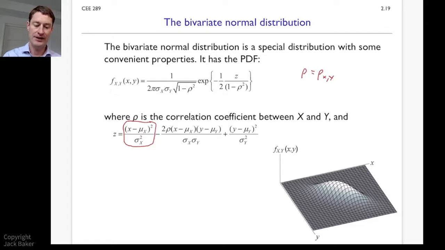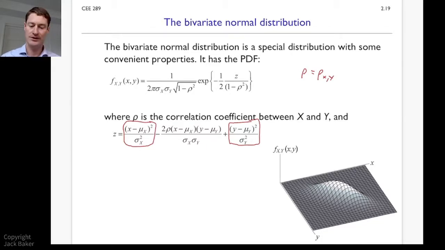Now because it's for x and y, as you might expect, I've got a second term that looks very similar for y. And then I've got a term that looks like it's got some kind of covariance looking thing in here, the x minus its mean, y minus its mean. And then I've got a correlation coefficient between x and y. And then instead of a sigma x squared or a sigma y squared, I've got sigma x and sigma y in the denominator.